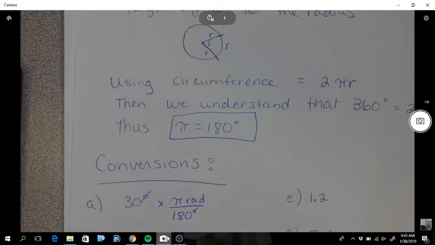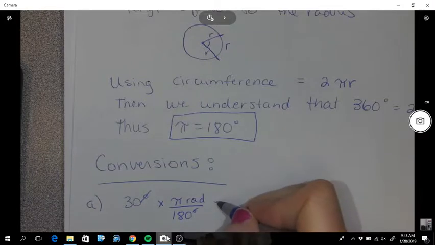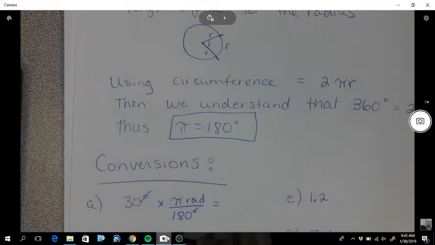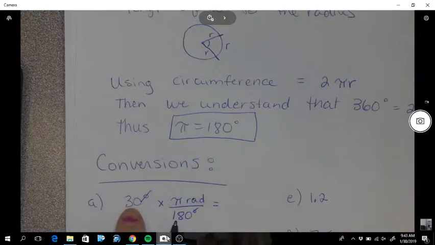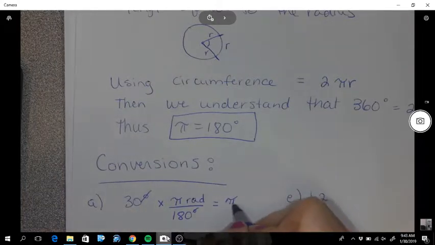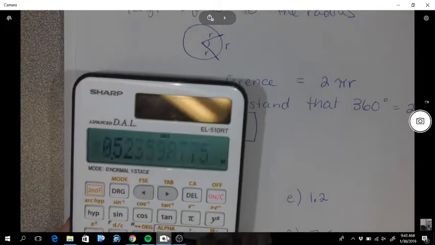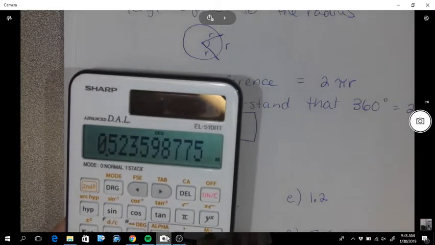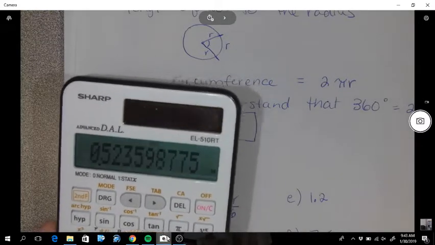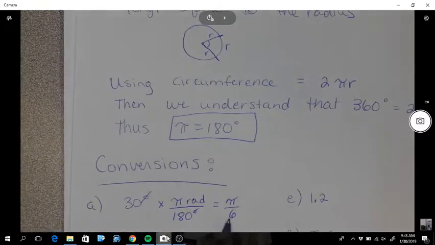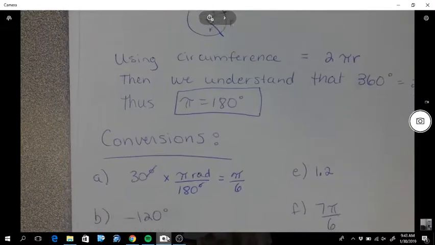This is a special one, so you could reduce the 30 and the 180, divide each by 30, and you would get pi over 6. You could leave it in that form, or pi over 6 is 0.524 radians. But we're going to leave that one in that form.